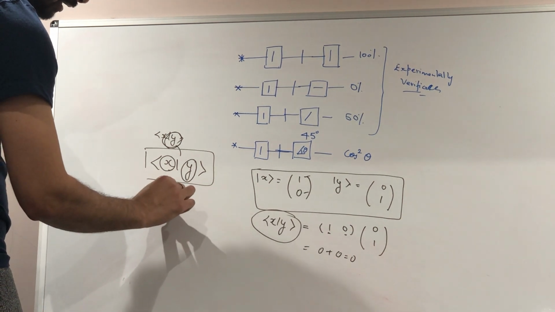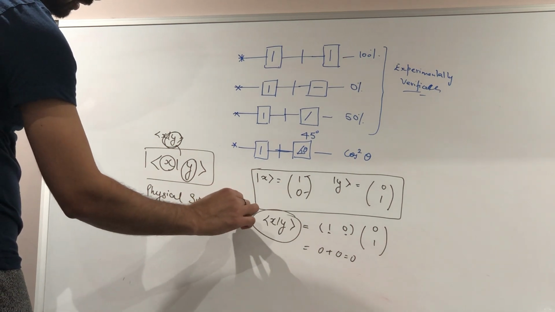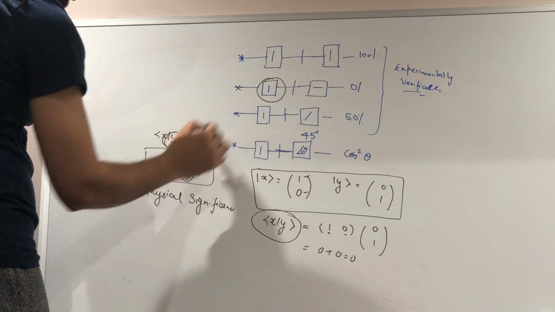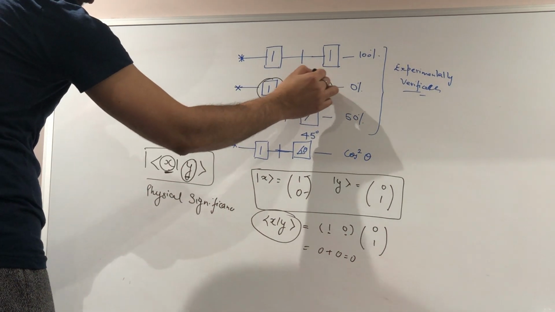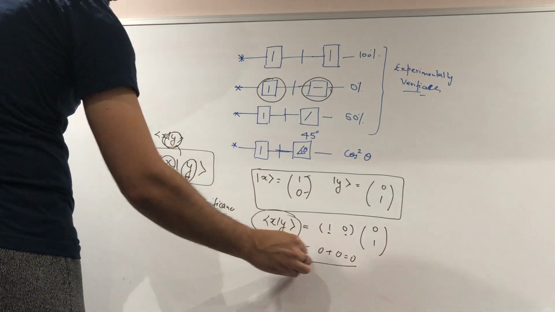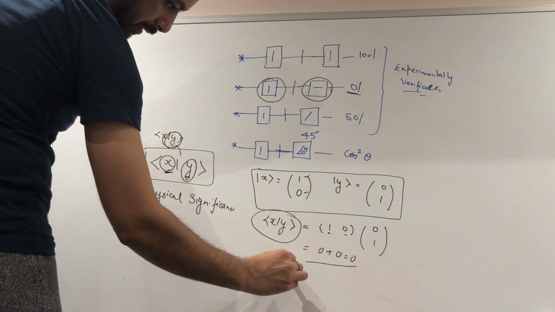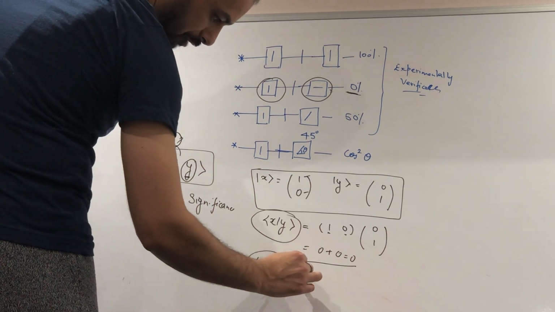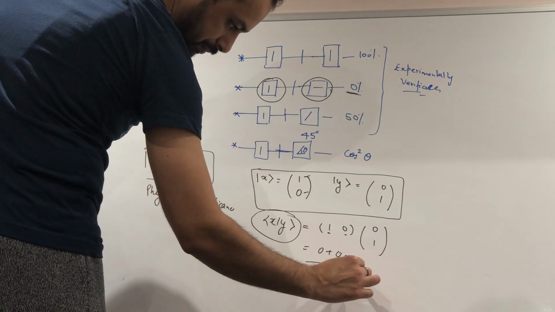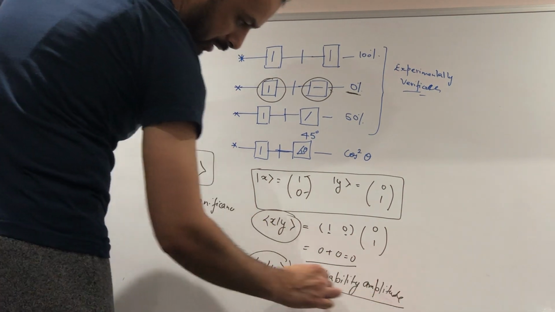I repeat again, if I prepare a polarizer in the Y direction, what are the chances of getting the output in the X direction? You see clearly here, I get 0. So this term, the inner product of X and Y, is also referred to as the probability amplitude.